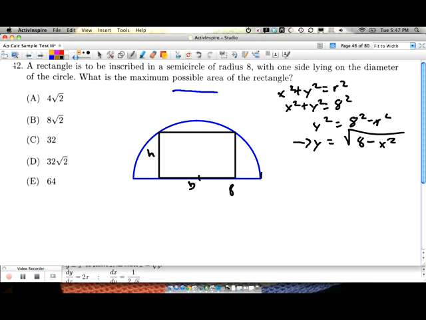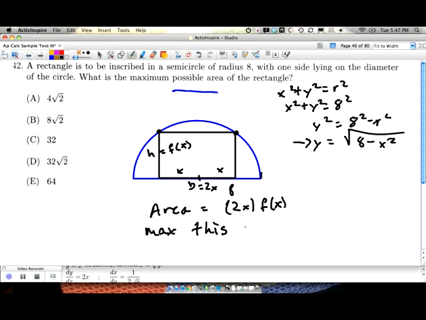And strangely enough, our base is x on each side, so base equals 2x, and our height is equal to the function of the curve, which is f of x. And our area that we need to maximize is going to be 2x, which is the base, times f of x, which is this here. So I need to max this.